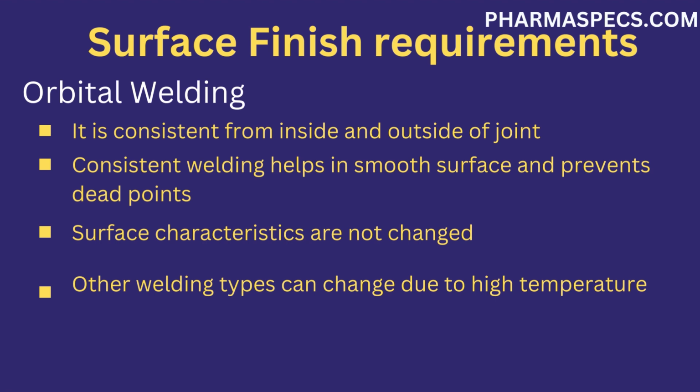This is in contrast with other welding techniques where smoothness is less likely to be achieved. Consistent welding helps in preventing dead points, which is another advantage. Orbital welding also prevents change of surface characteristics, which is possible with other welding techniques.